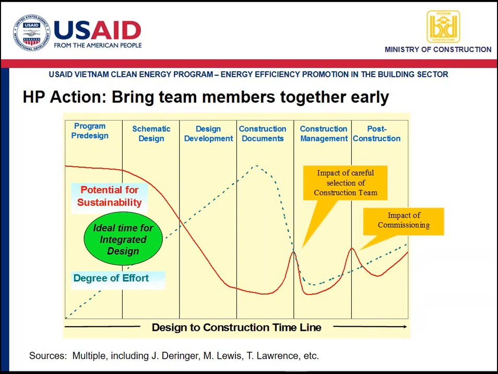Then you develop the design in detail. Typically in schematic design, you develop 2 or 3 options for the owner to review and select from. Then you have detailed design. Then you do the construction documents. You may go out to bid, or you may have a design build process, but then you construct the building and then you operate it.